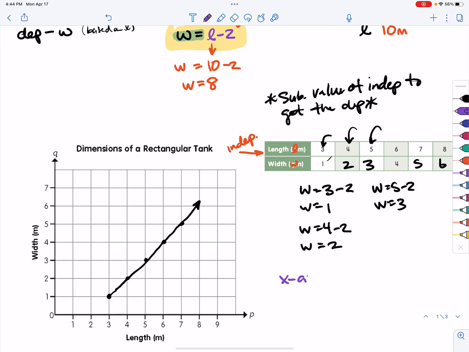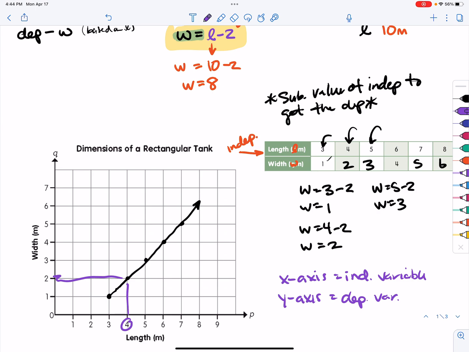So when we are graphing, our x-axis is our independent variable. And our y-axis is our dependent variable. So we picked a length, and that told us what the width would be.